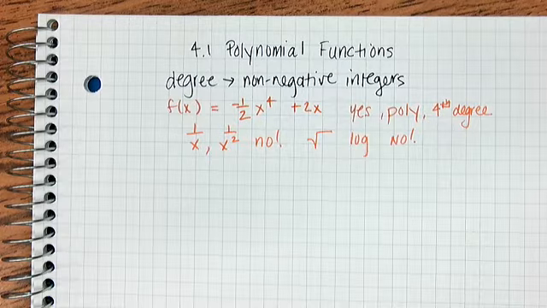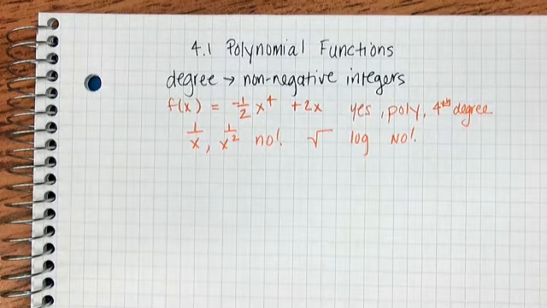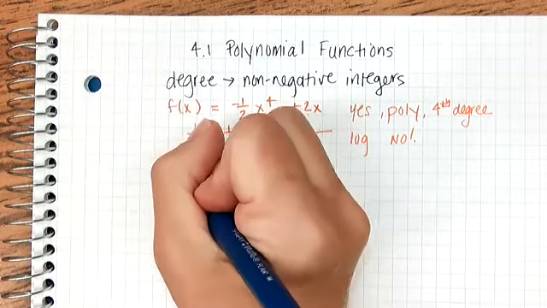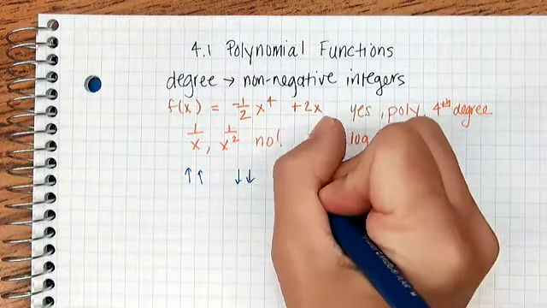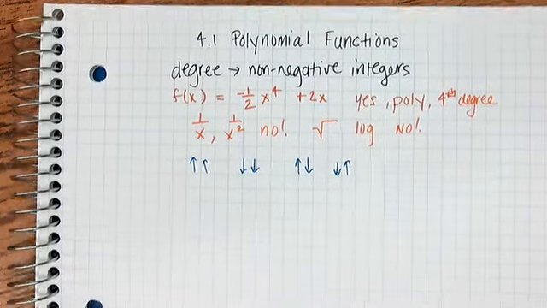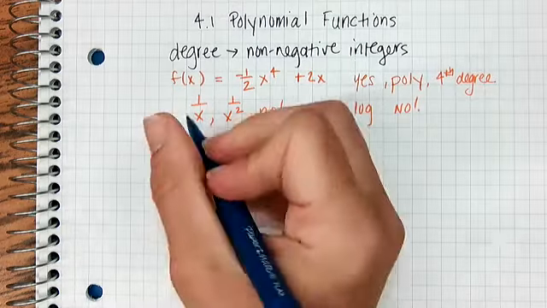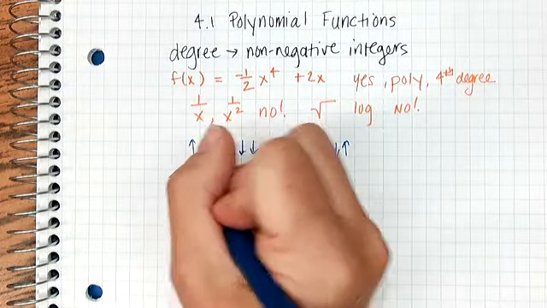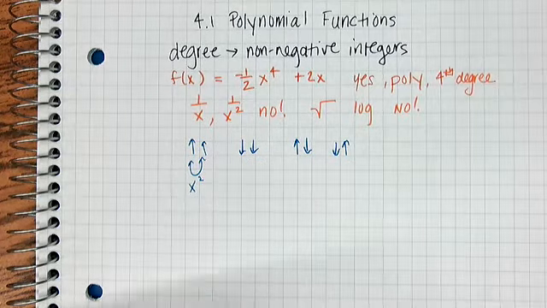So if you recall, polynomials all have end behavior, and there are 4 types of end behavior. Up, up; down, down; up, down; down, up. This would model x squared, x to the 4th, x to the 6th, x to the whatever.